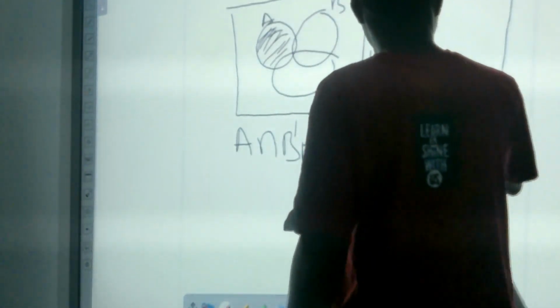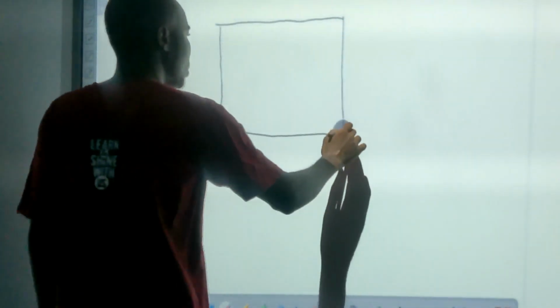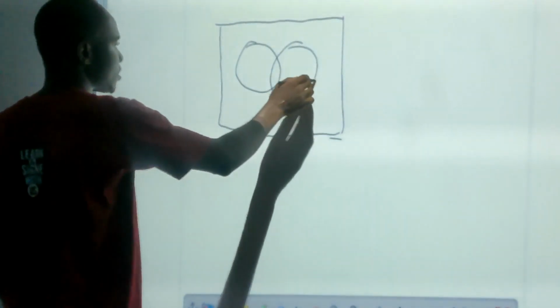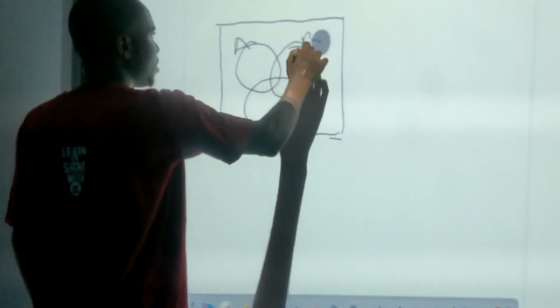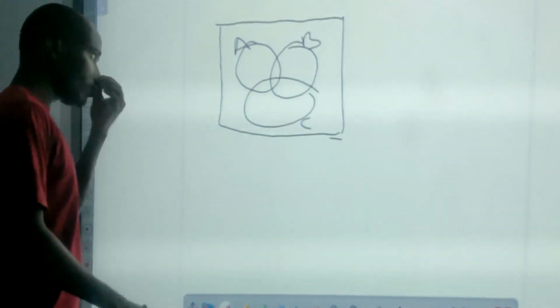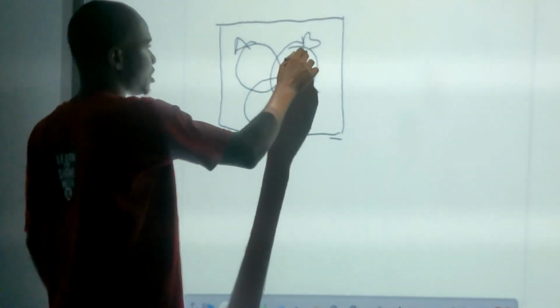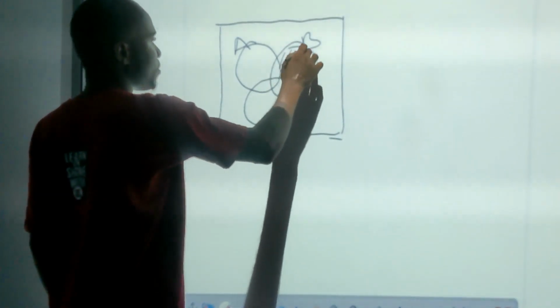Another piece of knowledge is this. Okay? Let's keep that with you. Another one is this. We have set A, set B, set C. So we now have this part shaded.